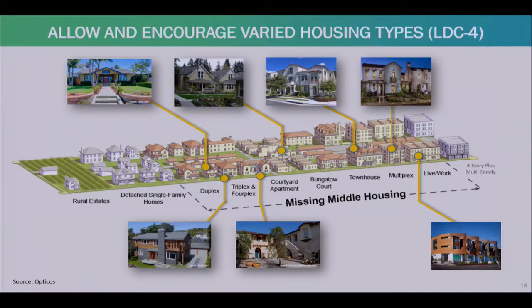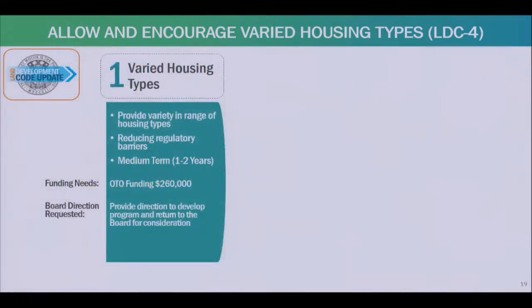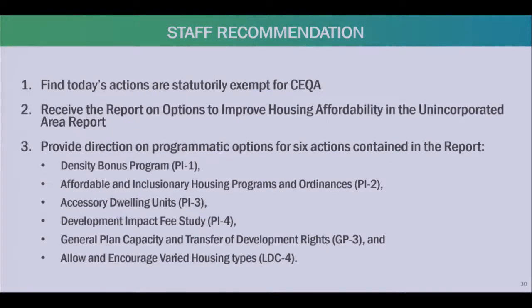There is likely to be different perspectives on where these units should be allowed. This option is to investigate and develop new programs and ordinances as part of the Land Development Code update to allow and incentivize the broader range of missing middle housing types. Board direction requested is to develop a program and return to the board for consideration. This concludes the options for consideration.